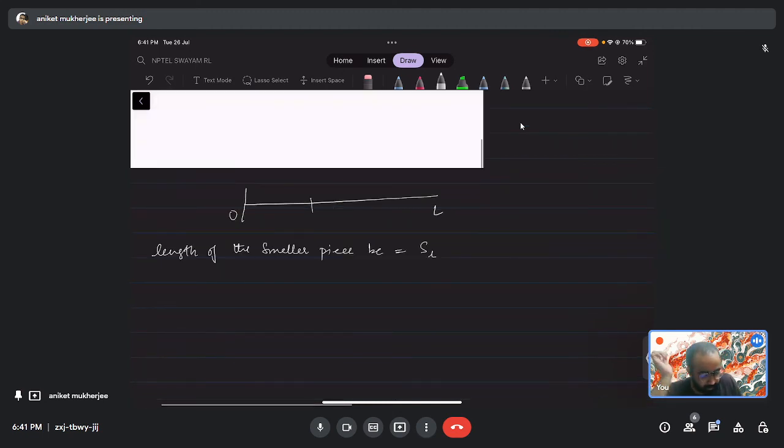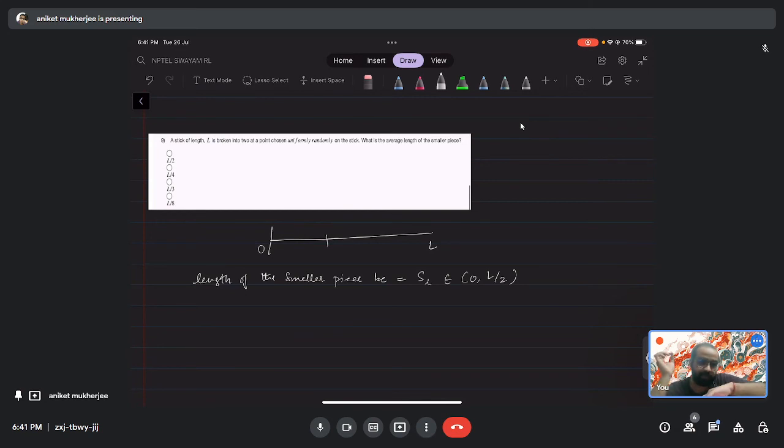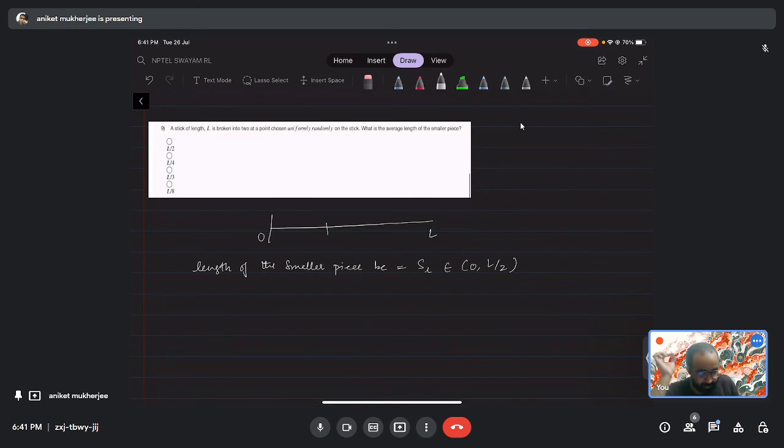Now SL is between 0 and L by 2, because if SL is more than L by 2, then it is no longer the smaller stick, because you'll have a stick which is larger. Now SL is a random variable, and we know that the point is chosen uniformly at random, so SL is also uniformly random.